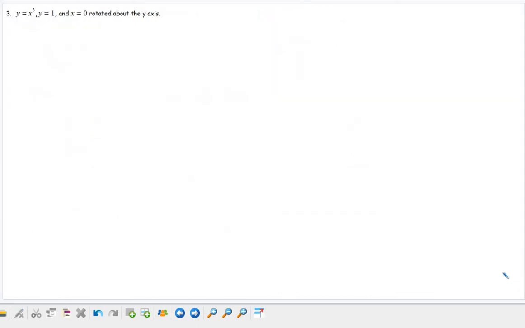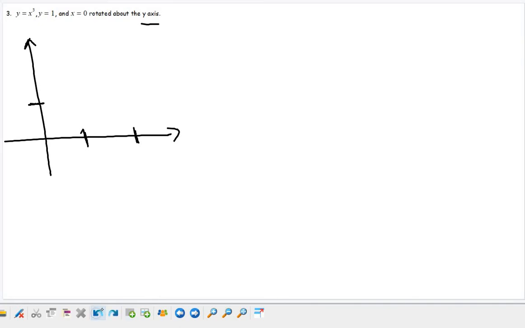Okay, so we have 3 functions this time, and we're rotated about the y-axis. So we have then y is 1, x is 0, and y is equal to x cubed. So we have 1, 2, 1, 2.